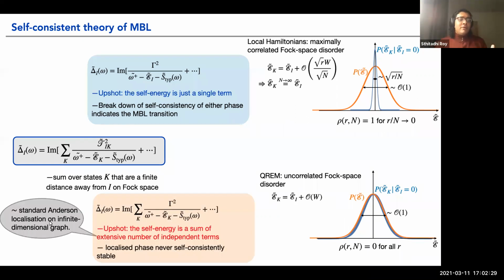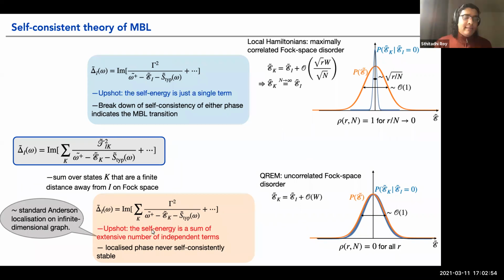And then it begins to look like a standard Anderson localization problem on an infinite dimensional graph. But the upshot is that the terms in this sum are all independent. So again, because it's a sum of independent random numbers, I can do the standard things about writing the generating function and so on, and compute the distribution of this delta tilde.